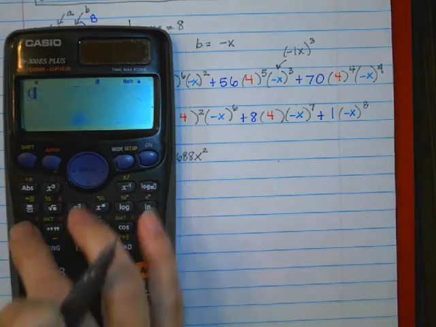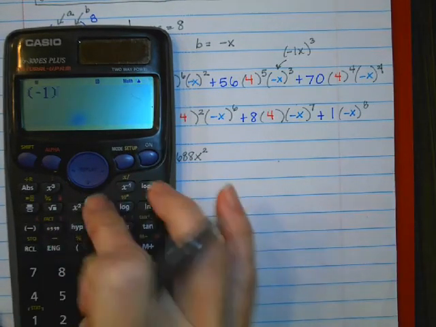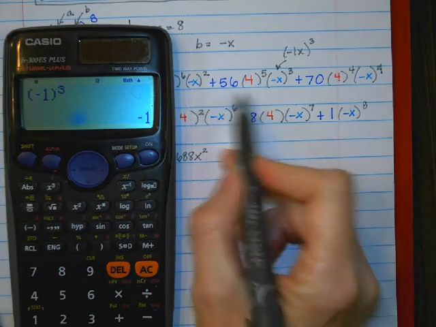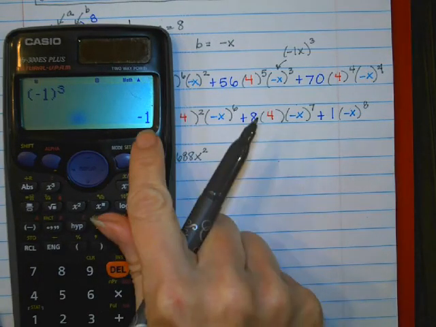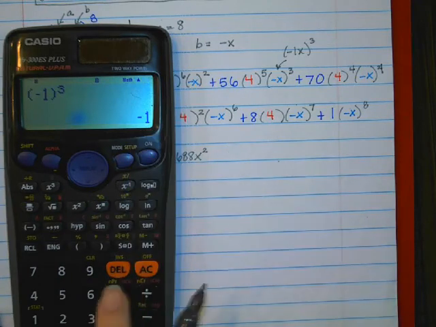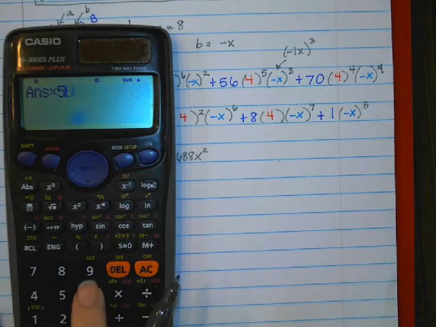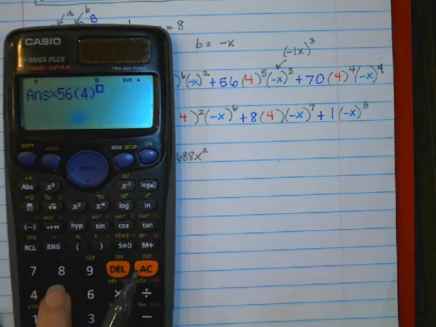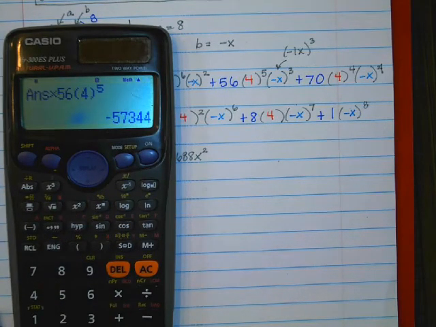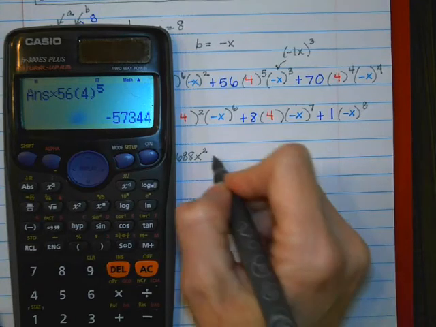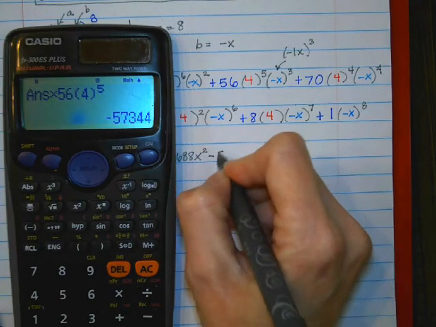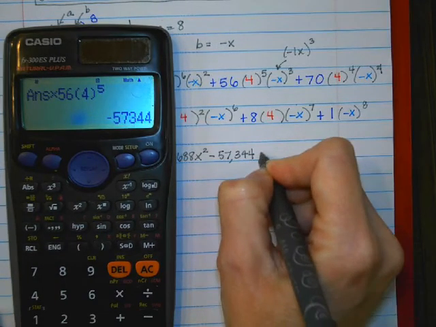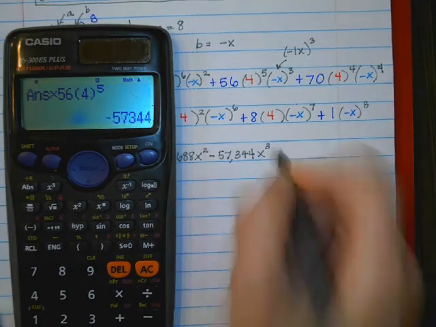So if we do negative 1 cubed, you're going to get a negative. So I'm basically multiplying these two together and then times negative 1. So we'll take this answer times 56 times the 4 to the 5th power. Here you can see what I'm talking about. And see, we're going to get a negative answer. So write in a negative 57,344, and that's an x to the 3rd power.